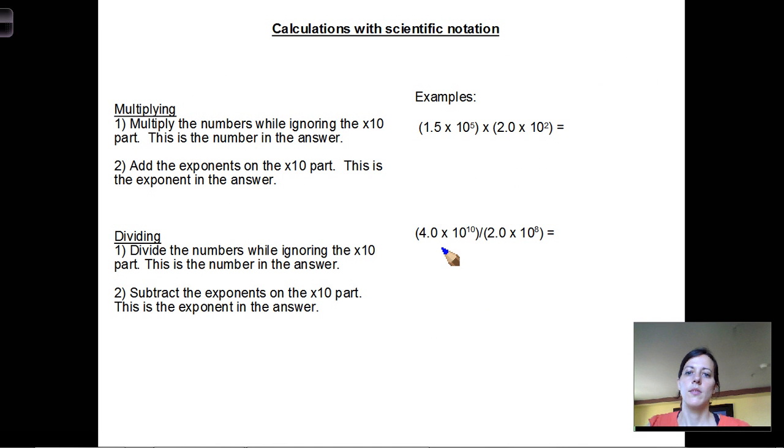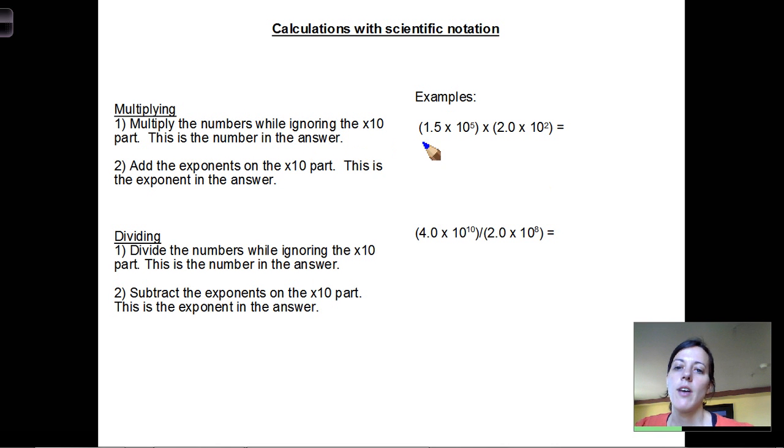Alright, last, we are going to learn how to do some calculations with scientific notation. And we have 2 different examples, one multiplying example and one dividing example. Looking at the first one, we're going to multiply 1.5 times 10 to the 5th times 2.0 times 10 to the 2nd. So, first step, we're going to multiply the numbers while ignoring the times 10 to the part. This is the number portion of the answer.